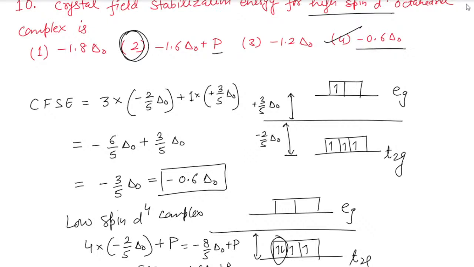So it is minus 0.6 delta O. Yes, beta. Swasti.